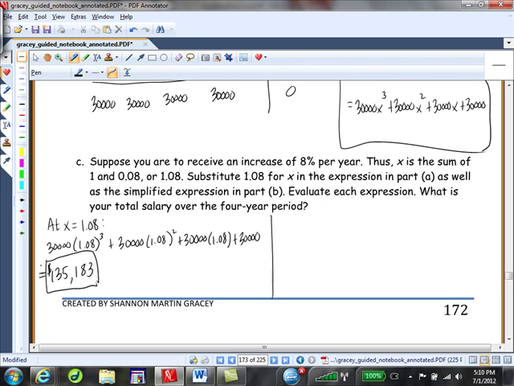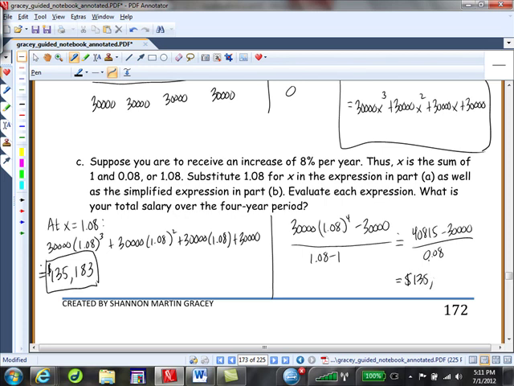Okay, and now comparing the other one, we would have 30,000, this is the original expression, times 1.08 to the 4th, minus 30,000 over 1.08 minus 1, and this one you get approximately 40,815 minus 30,000 over 0.08, and that gives you a result of 135,000, or approximately 135,183.